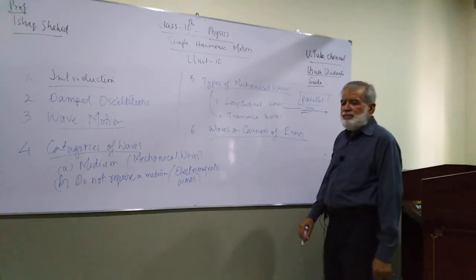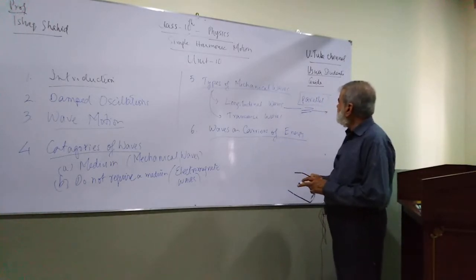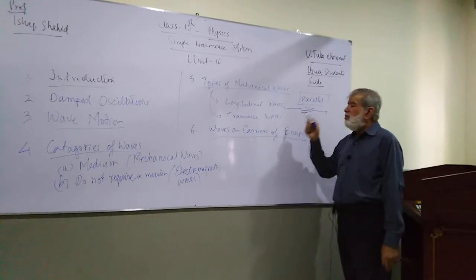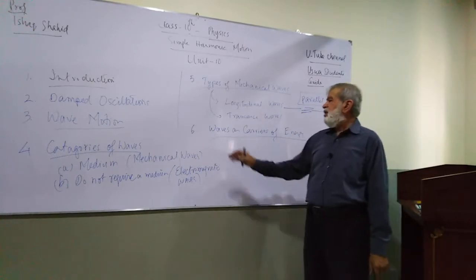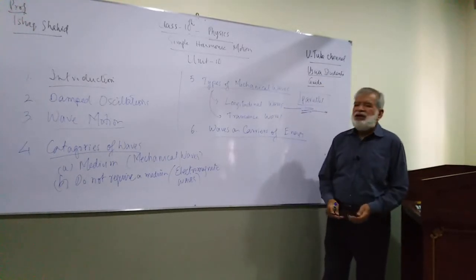A transverse wave is that wave in which the particles of the medium move to and fro in a direction perpendicular to the direction of propagation. Next time we'll study about the waves as carriers of energy.